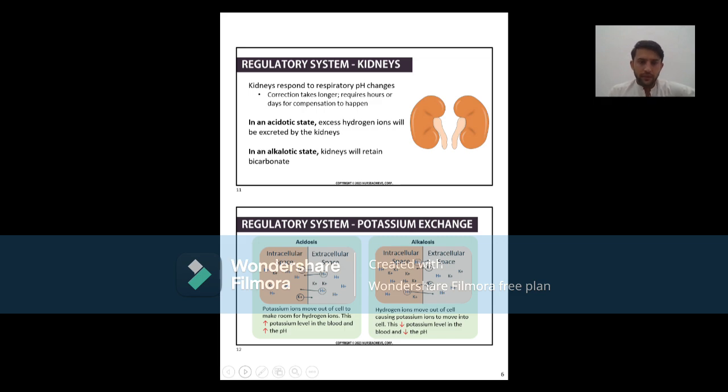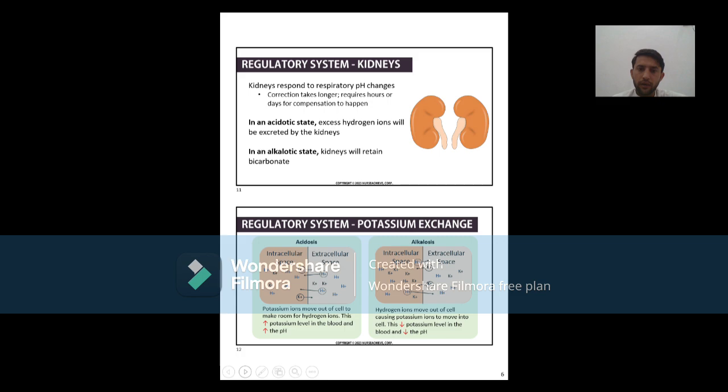If we look at the minute level of cellular structure, normally potassium is present inside the cells and hydrogen ion is present outside of the cells. We call it extracellular space. When the body is in an acidic condition, potassium ion moves out of the cells and makes room for the hydrogen ions.